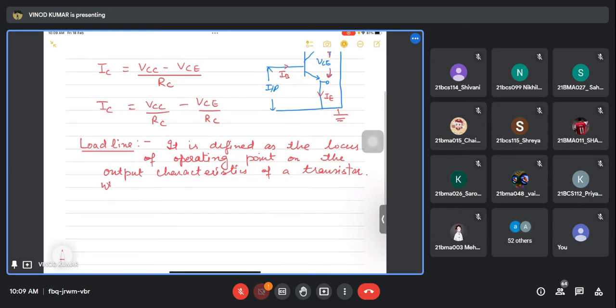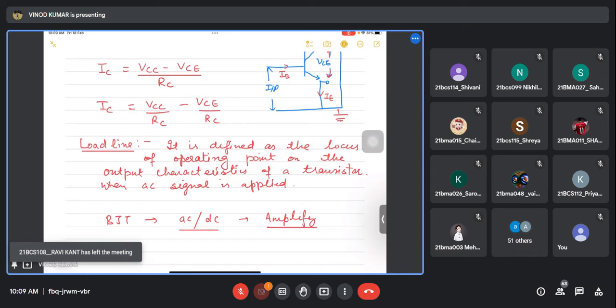When an AC signal is applied, actually. So for a BJT, we require to apply AC as well as DC signals. We just want to amplify those signals. Amplified means we try to increase the energy, the power of that signal. Why?